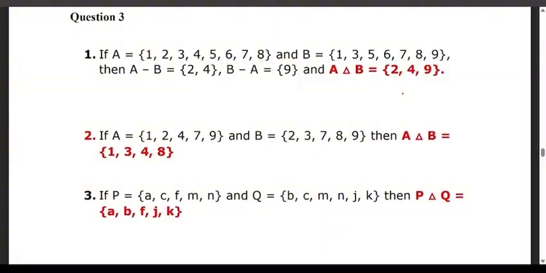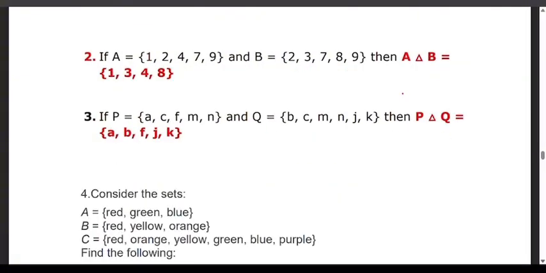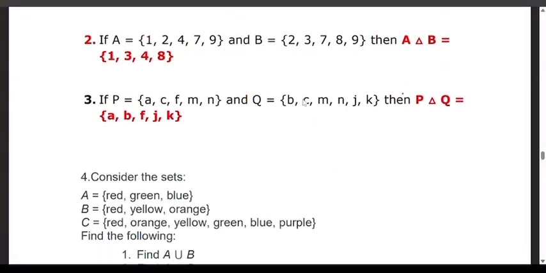At times you may be given alphabet. It's not all the time. A set is not only numbers; a set can be objects, whatever, can be in words. Now take a look at question number 3 here. We have P to be that, Q to be that, and they want to figure out P symmetric difference Q. If I were you, what you need to first do is find P difference Q, then what is Q difference P?